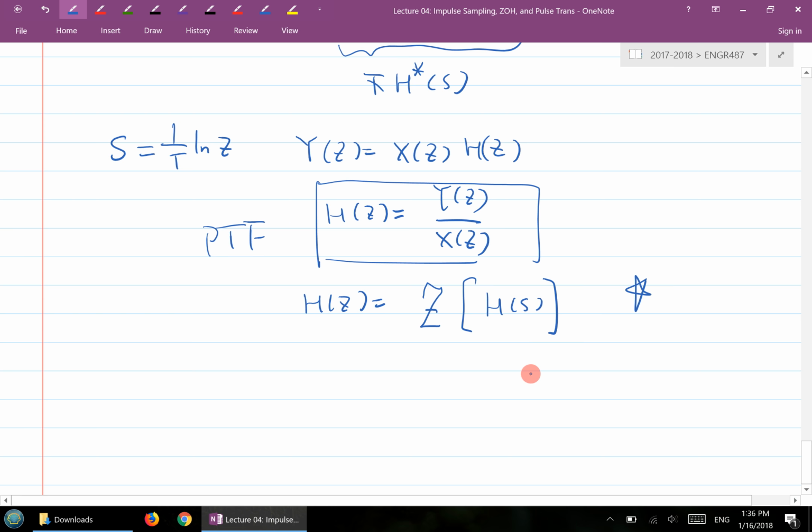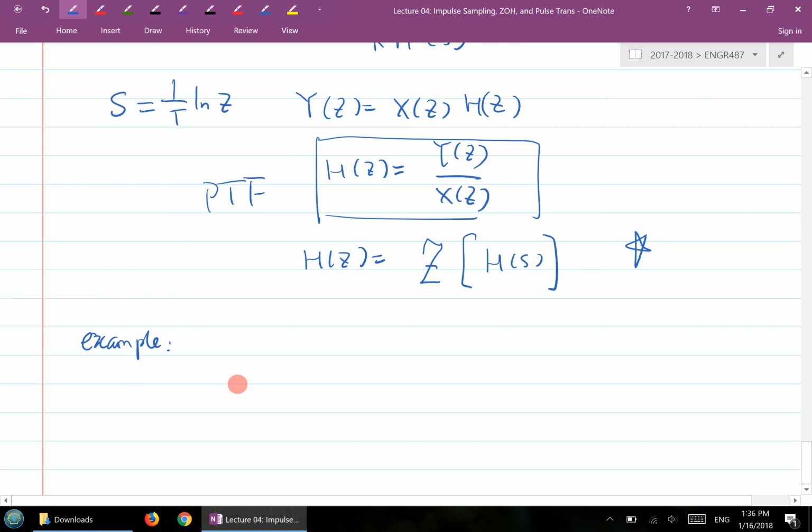So let me give you another example here. In this case, I will slightly modify the simple block I was just using. Let's say the block is modified slightly.